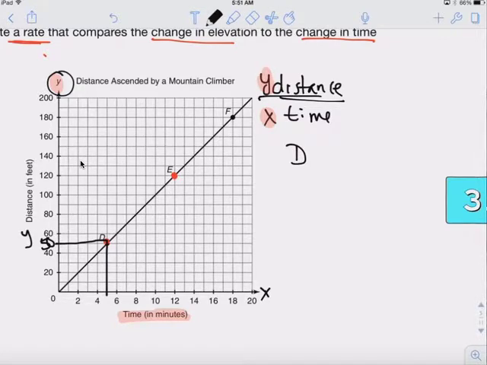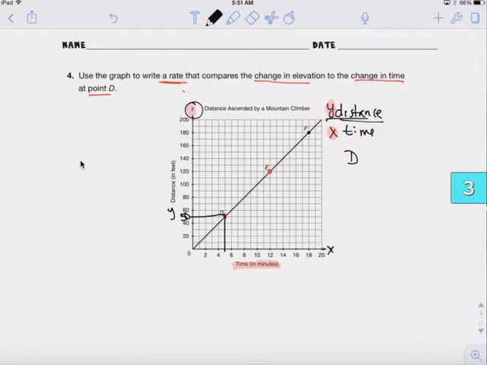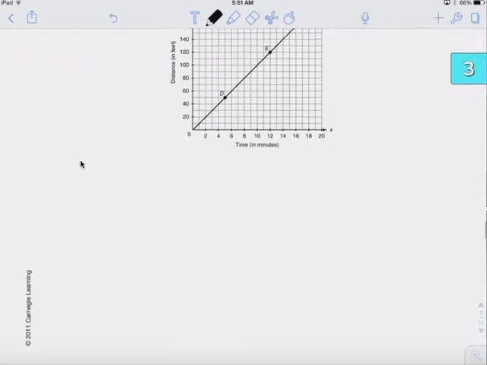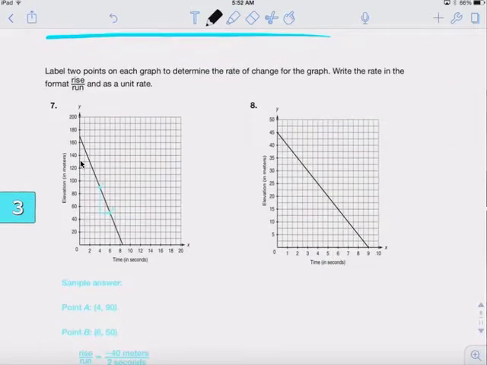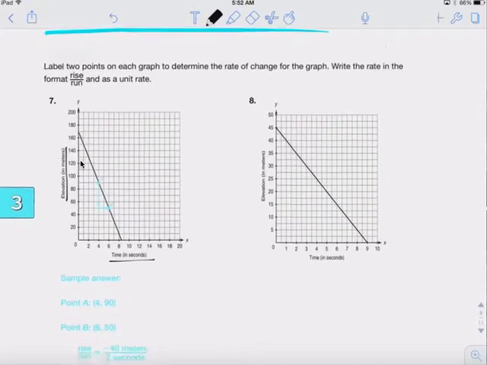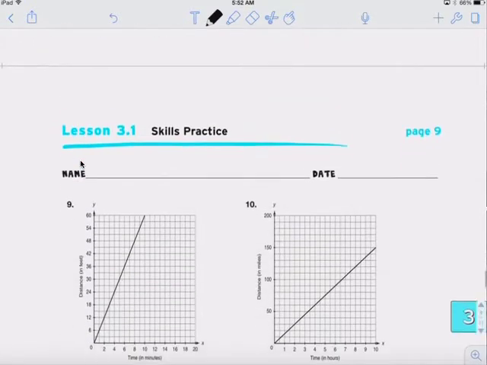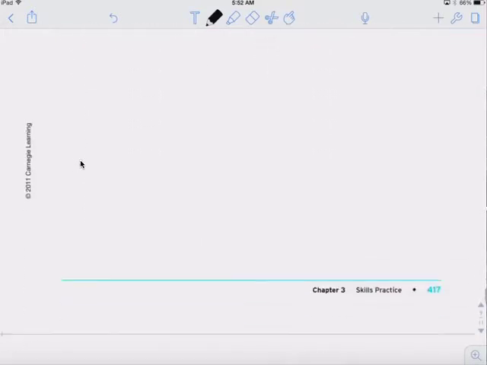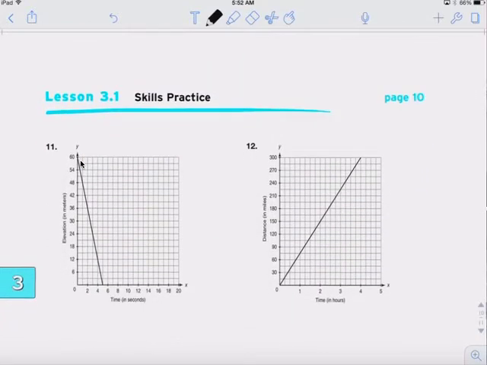Very important you understand that, because the graph will change. This is distance over time, but later it's still distance over time. Elevation over time is the same thing as distance over time.